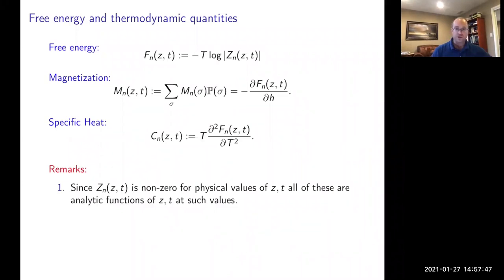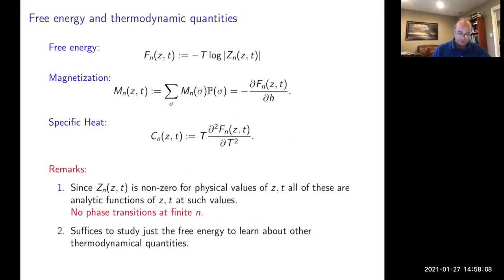So that's the first remark: these thermodynamic quantities vary analytically in Z and T over the physical values of Z and T, Z being positive and T being between 0 and 1, because the partition function is non-zero there. So there are no phase transitions for finite n.